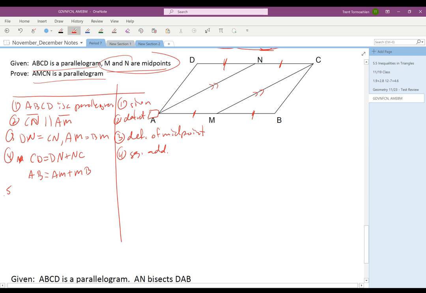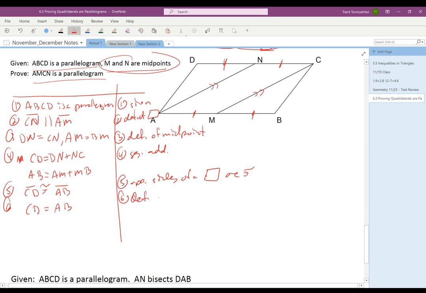I also know, and what I haven't put on here that I should have, is that CD is congruent to AB because opposite sides of a parallelogram are congruent. And so that means that CD equals AB, by definition of congruent segments. The ordering of substitution doesn't matter too much.